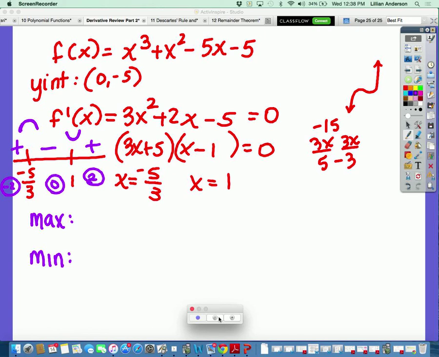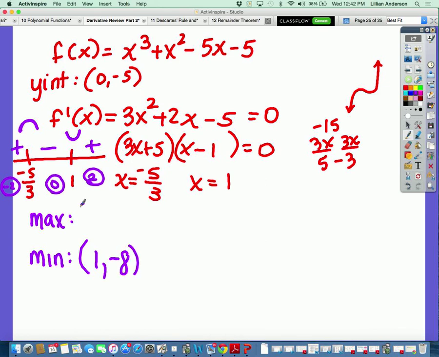Plug these numbers into the original. So we got 1 and negative 8, and negative 5/3 and 40 over 27, which is about 1 point something. Okay? So there we go. There's our max and there's our min.